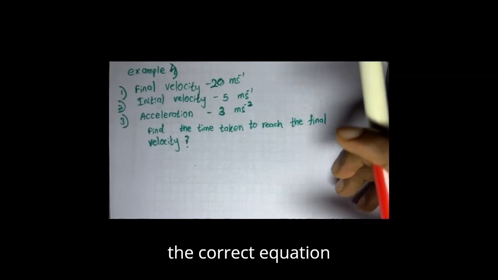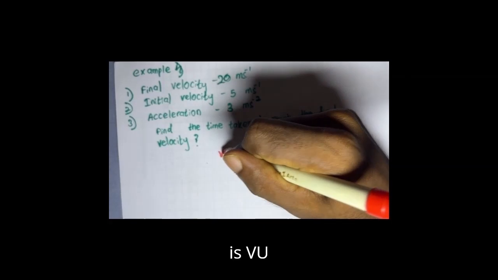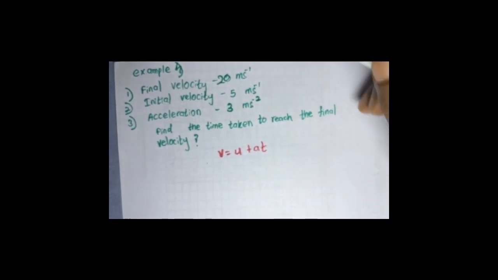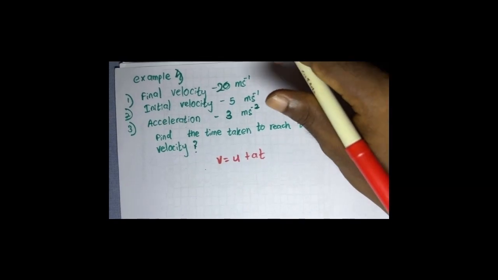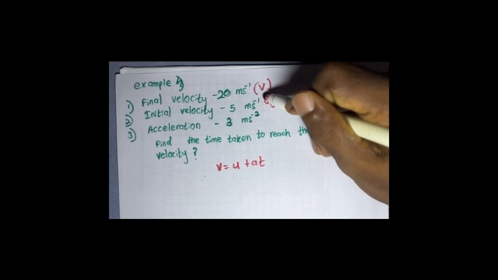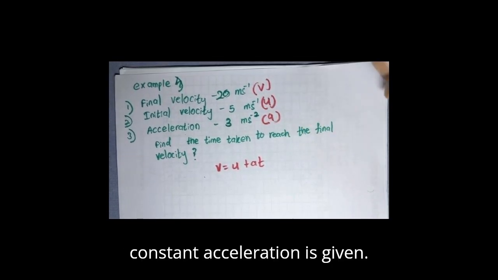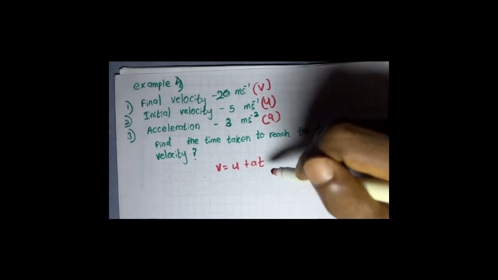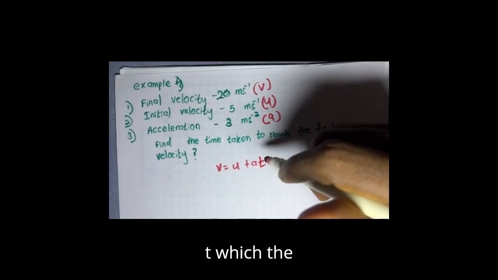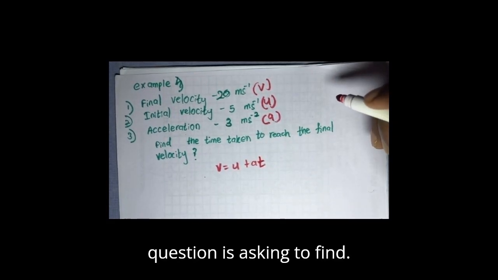So the correct equation is V equals U plus AT. V is given, U, the initial velocity, is given, A, the constant acceleration, is given. So the only unknown remaining is T, which the question is asking to find.